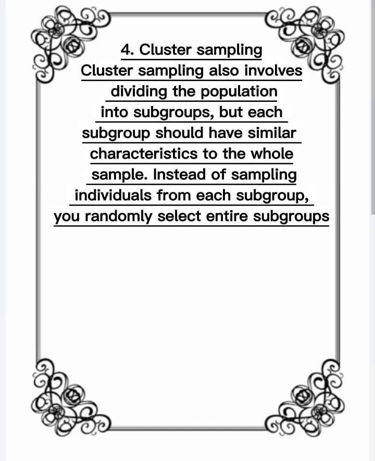4. Cluster sampling. Cluster sampling also involves dividing the population into subgroups, but each subgroup should have similar characteristics to the whole sample. Instead of sampling individuals from each subgroup, you randomly select entire subgroups.